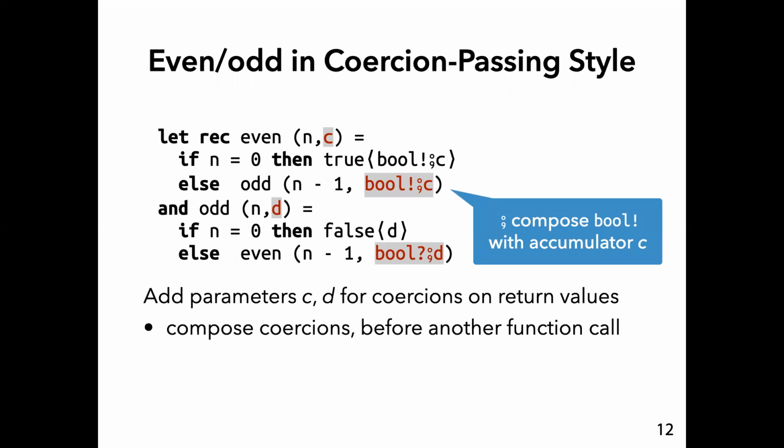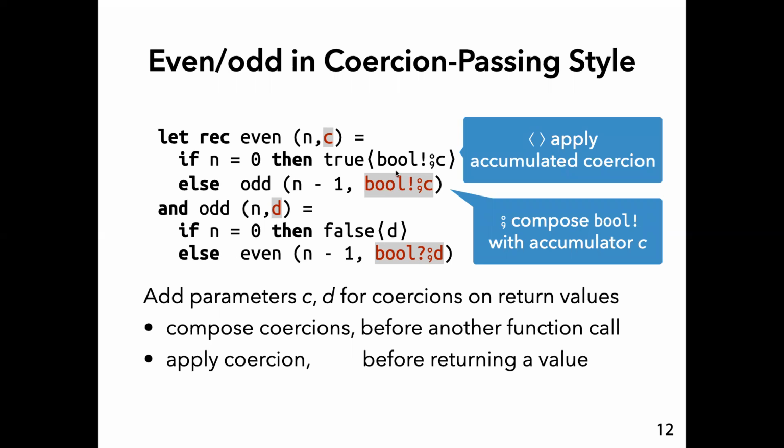A function call followed by coercion application is replaced by one function call. We compose the coercion bool bound and the accumulated coercion C, and then pass the composed coercion to the function. Composition is denoted by open semicolon.